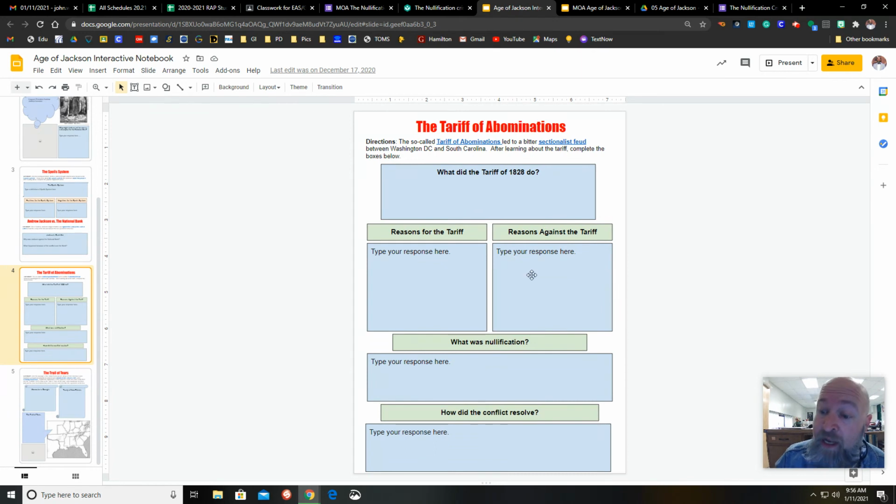Reasons against it: England retaliated and slapped tariffs on American farm goods, and prices for items went up. What was nullification? South Carolina said they could ignore a national law. Spoiler alert, they couldn't. And how did the conflict resolve? Henry Clay negotiated a compromise in Congress that the North and South could live with.